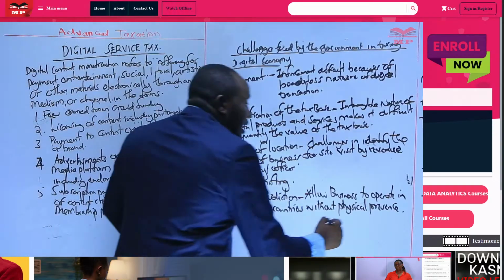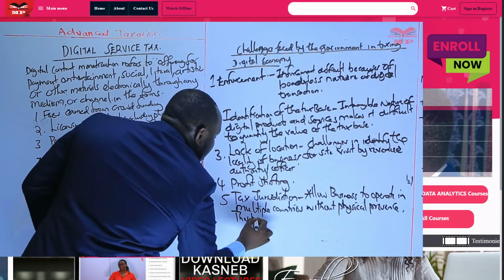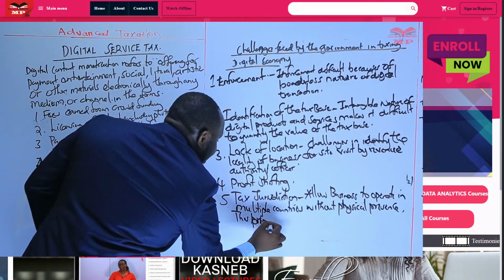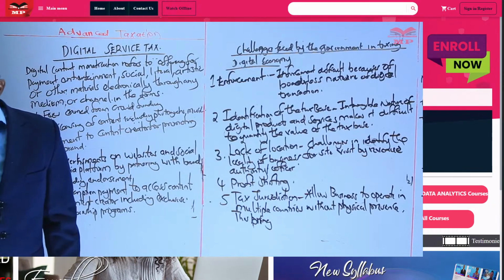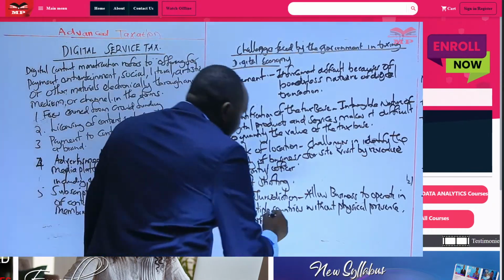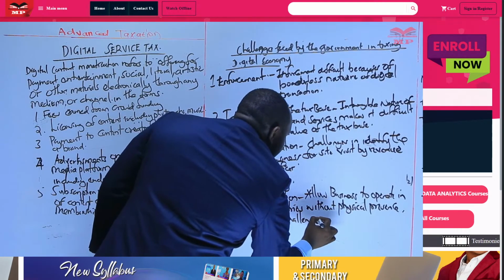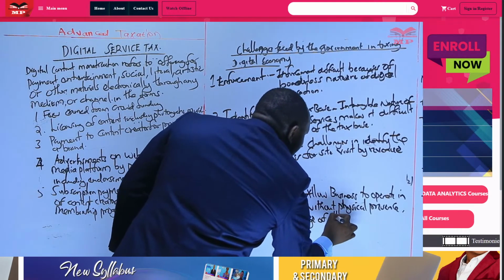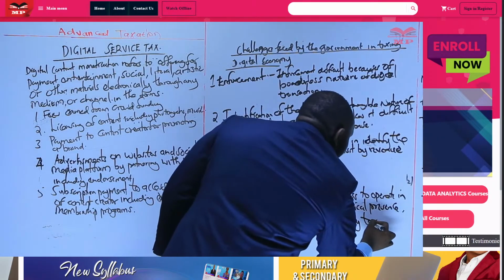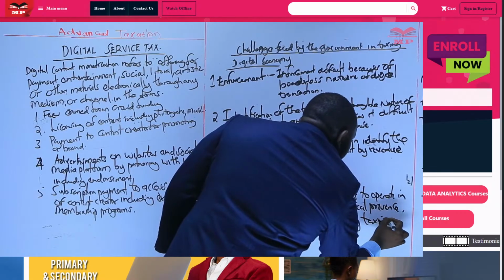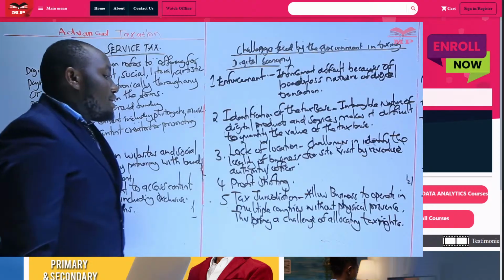This brings a challenge of allocating tax rights, because you can be operating in multiple countries.